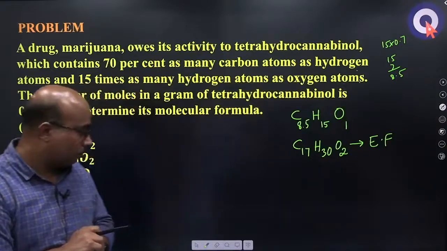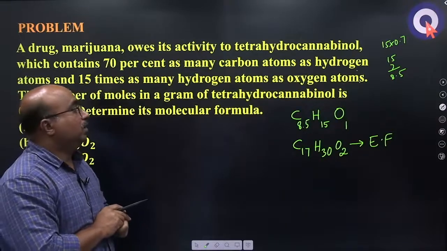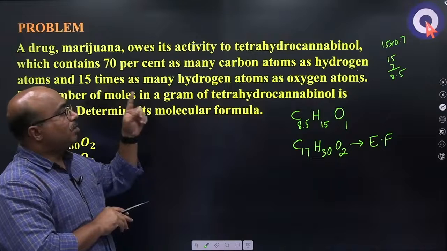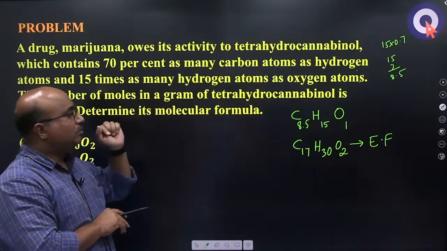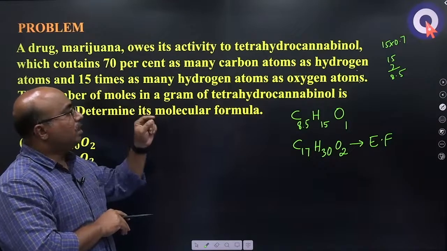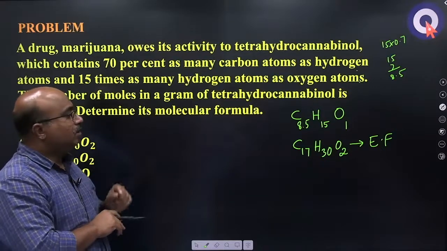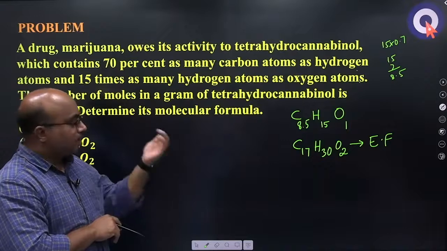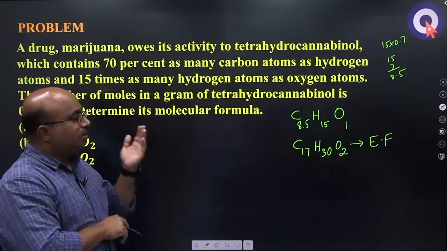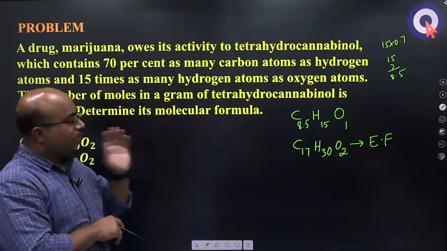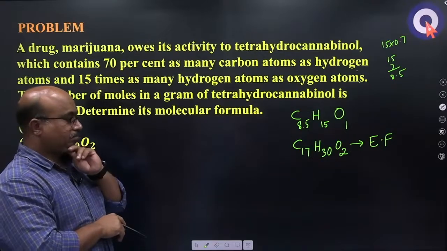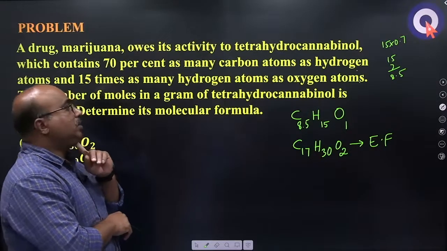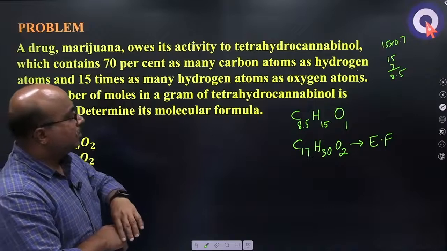Okay. 70% of carbon atoms as hydrogens, 15 times hydrogen atoms as oxygens. So if you take oxygen as 1, hydrogen should become 15, then carbon should become 70% of that 15. Clear? Then, sorry, 1 minute.